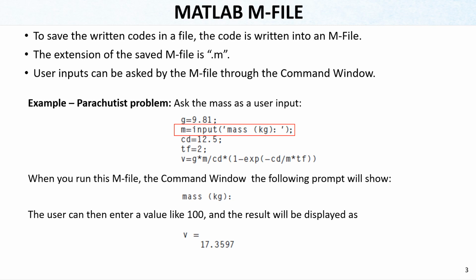You type in the mass value to the command window, and when you press enter, let's say you entered 100 as the kilogram, you will see this result in the command window. So basically the M file is a separate window, and when you run it, you will see the results or the wanted inputs on the command window. So two windows work together for the M files.